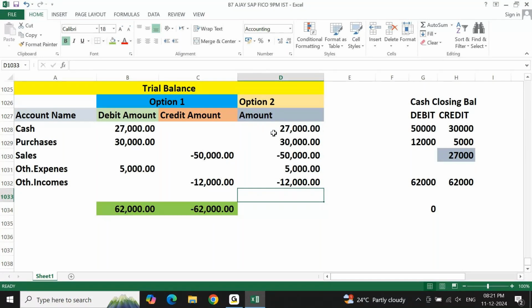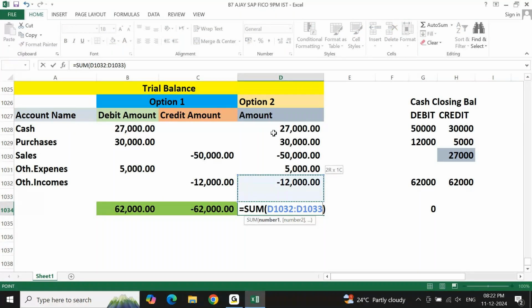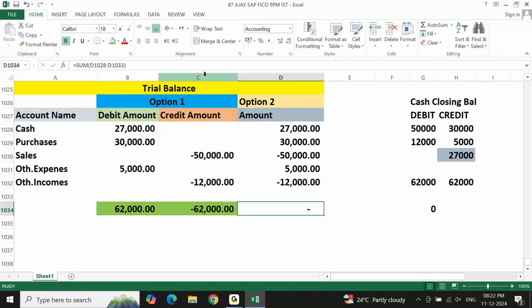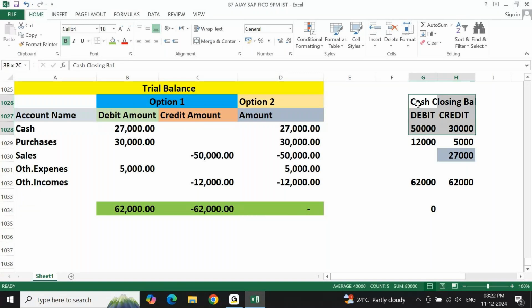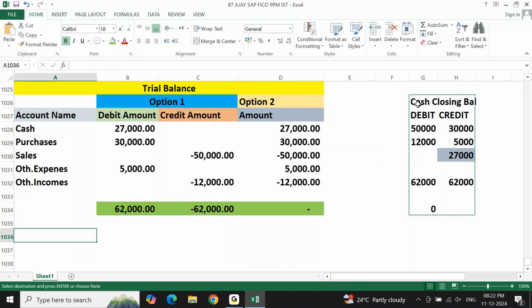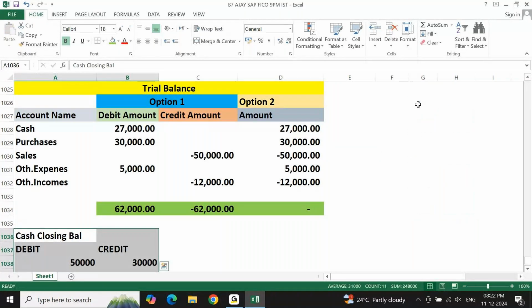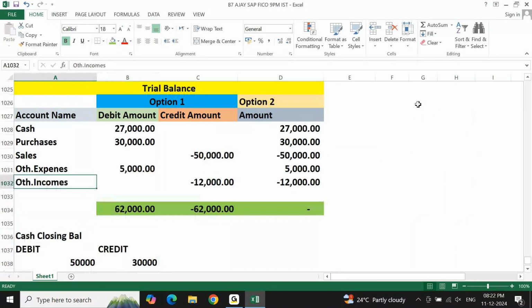If I do a total overall, is this becoming 0 or not? Yes, 0. This is becoming 0, which means our trial balance is correct. This cash closing balance, let me put somewhere down so that when you refer to it, you can refer to it at the bottom.